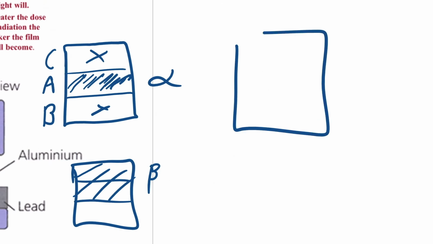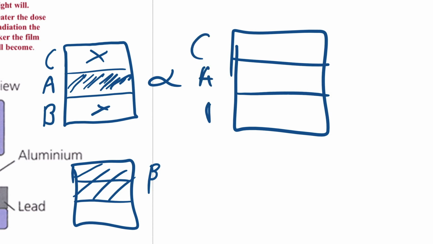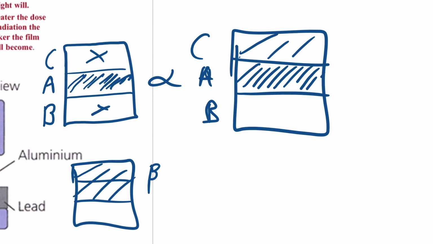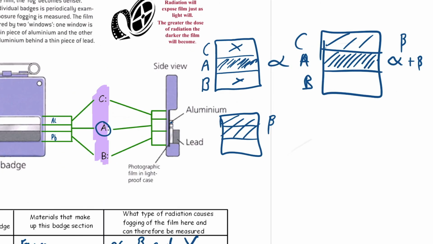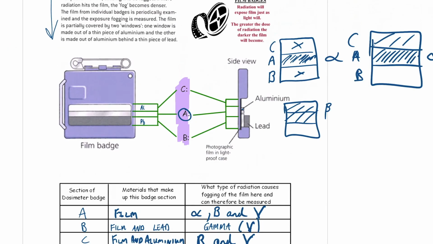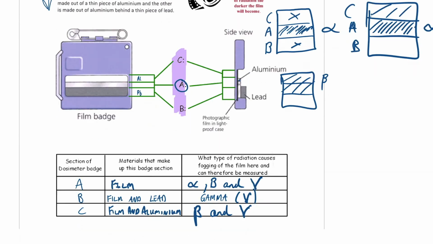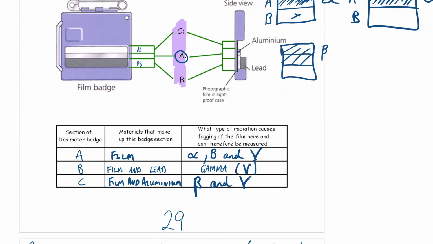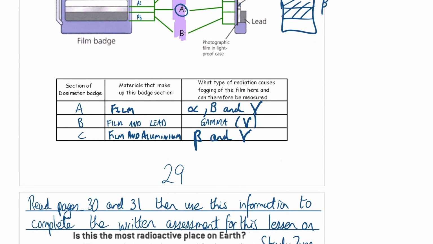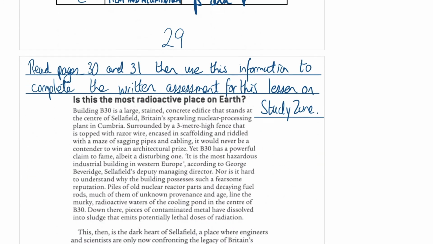If we had a film like this, where we had C, A and B again, this would suggest that you're getting alpha and beta hit in there, and only beta hit in there. So that's a way to monitor exposure, and anyone that perhaps works in a nuclear power station, or in a hospital with X-ray machines, would wear those badges to keep a record of how much radiation they've been exposed to.